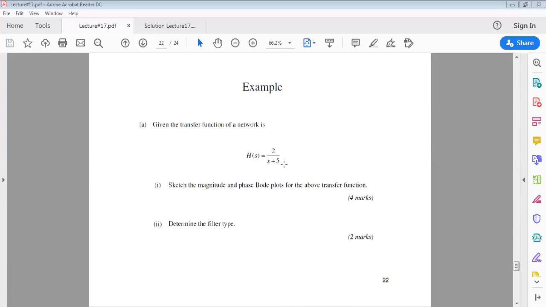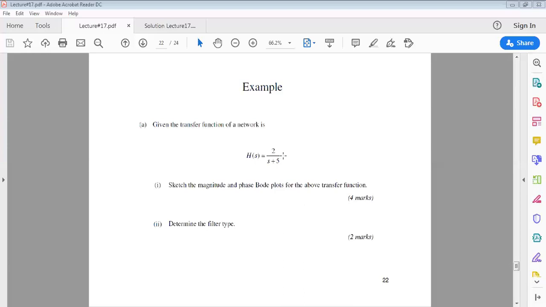We are requested to sketch the magnitude and the phase plot for this transfer function, and after that, determine the filter type. Without sketching, we can already deduce that this type of transfer function is related to a low pass filter, as we learned in the previous slides of lecture 17.